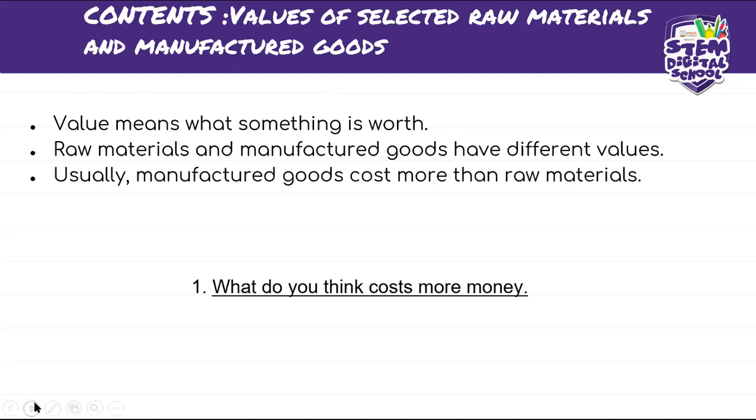So what do you think costs more? As we've said, it's the manufactured goods. A piece of iron or a computer.